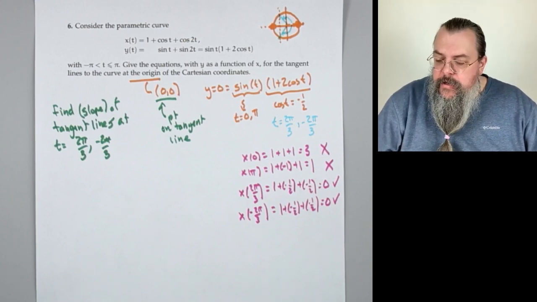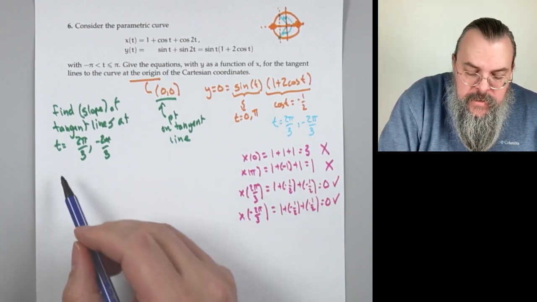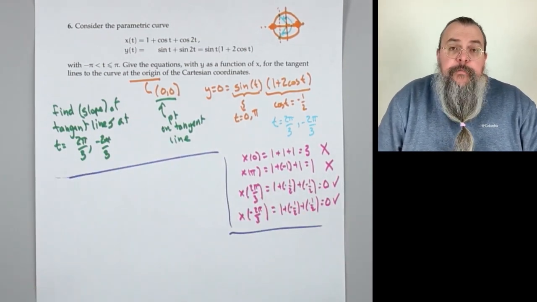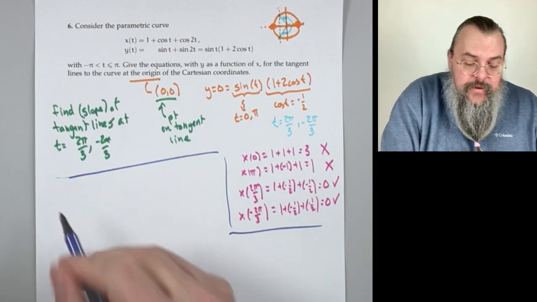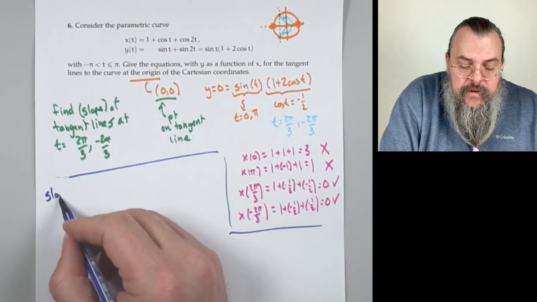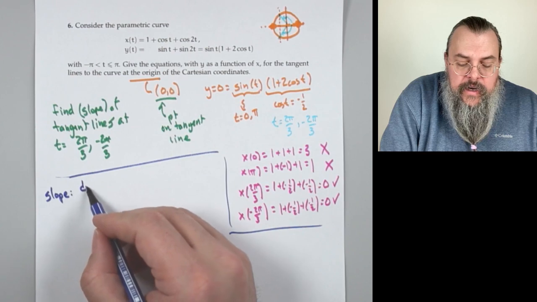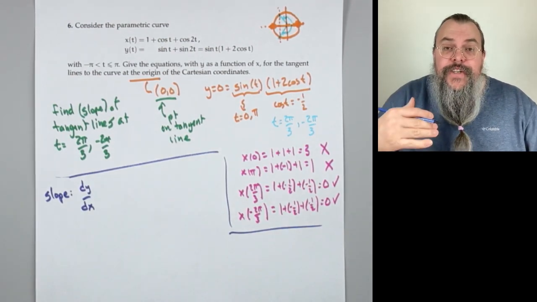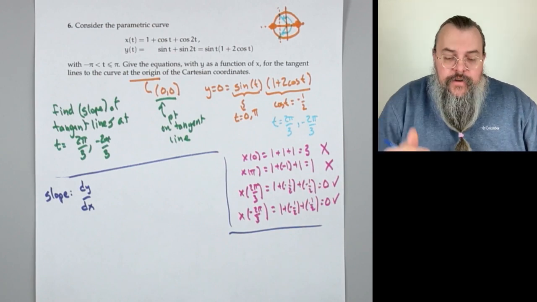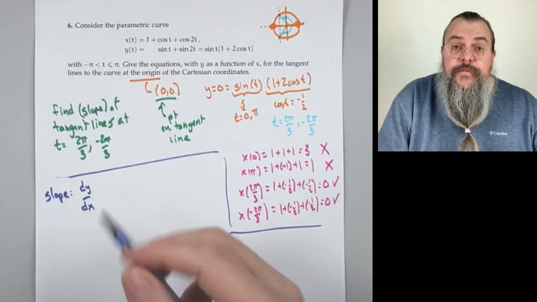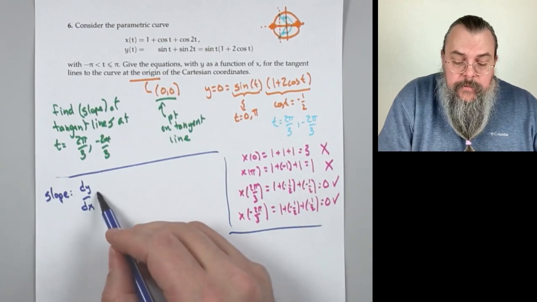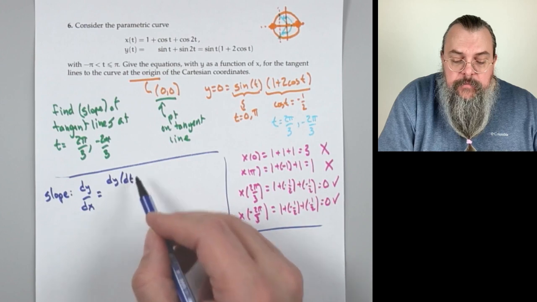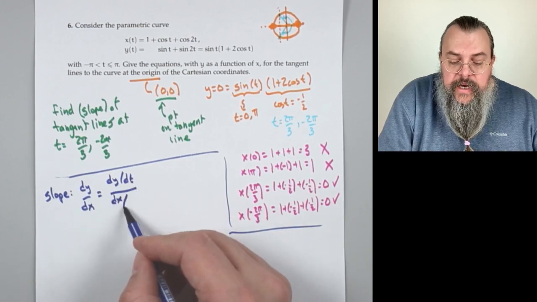All right, well, here we start going. So let's think, how do we find slope? So slope, that is our dy dx. Rise over run. Change in y, change in x. All right, well, that's not so bad. So how do we find that in terms of using derivatives? Well, for parametric curves, that's dy dt over dx dt.